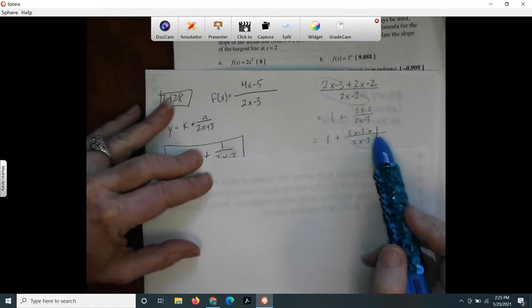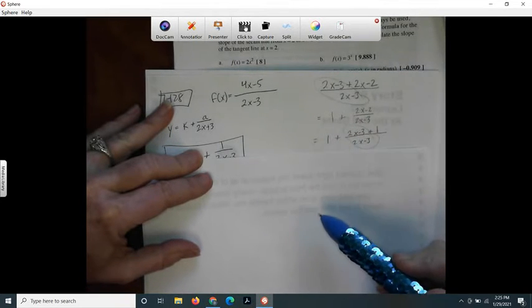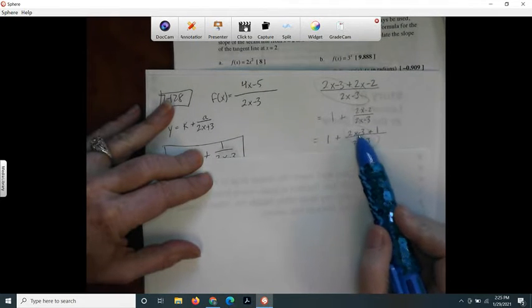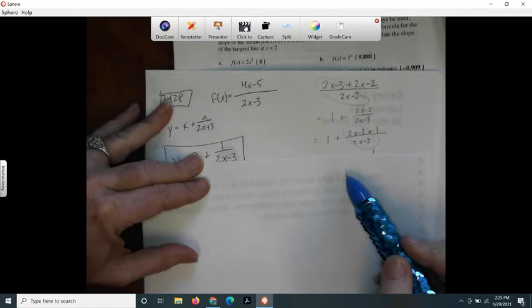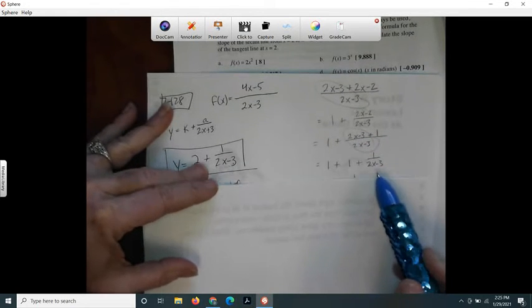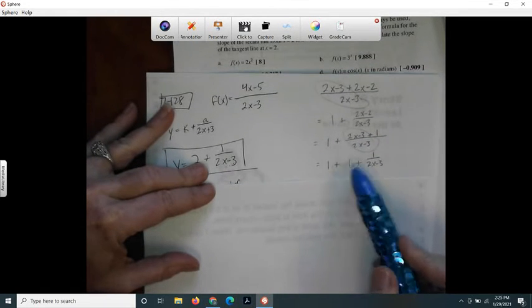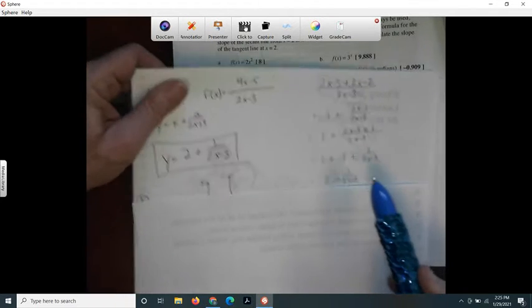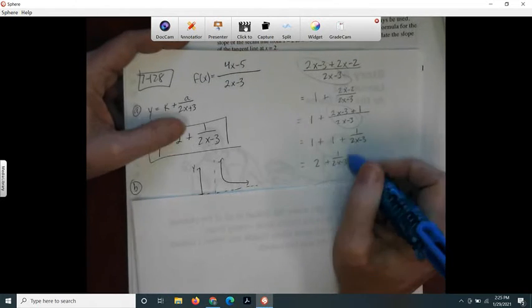Because -3 plus 1, doesn't that make -2? And don't we have a giant 1 now? And then that left me with just a 1 up here. So this part turns into another giant 1. And then I've got this left over my denominator, and then I can combine these two 1s, and this is my final answer.